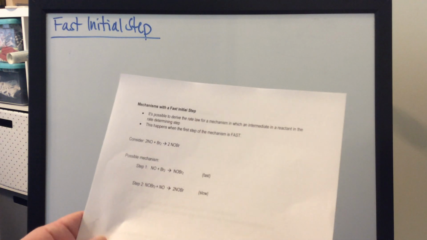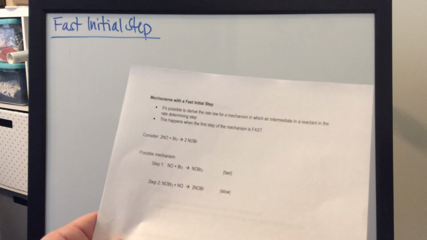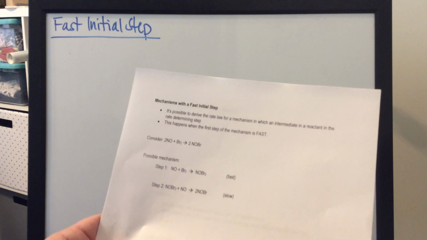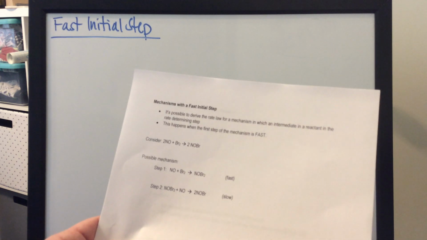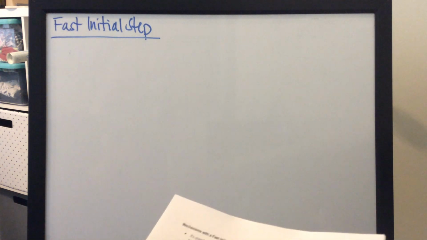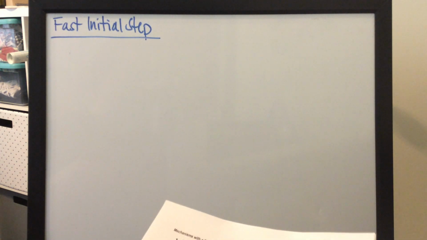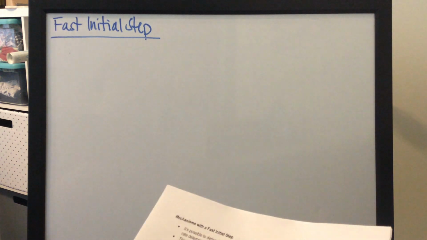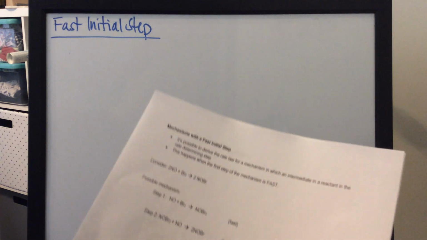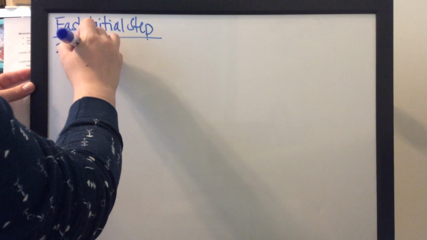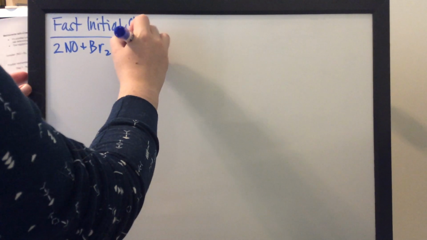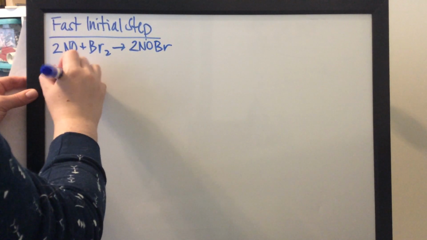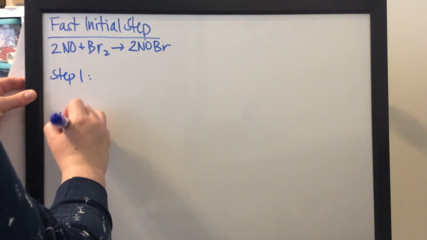It's possible to derive the rate law for a mechanism in which an intermediate in a reactant is in the rate determining step. So that seems odd to us. Why would an intermediate be in the rate determining step? And it says that this happens when the first step of a mechanism is fast. Okay, so consider they give us a reaction. They say it's different than the one we just looked at, and that's because we needed one with a fast initial step. And so they give us two steps of this mechanism.